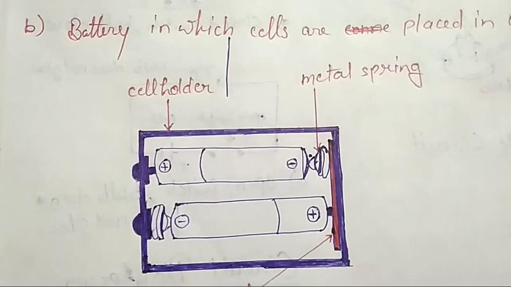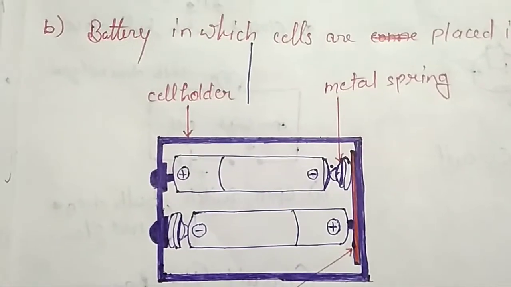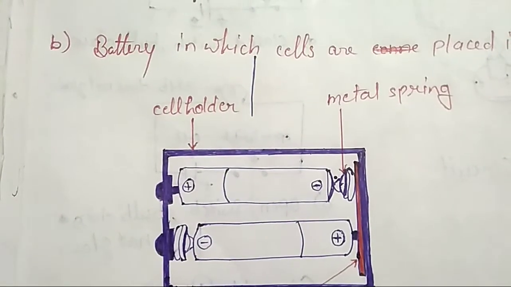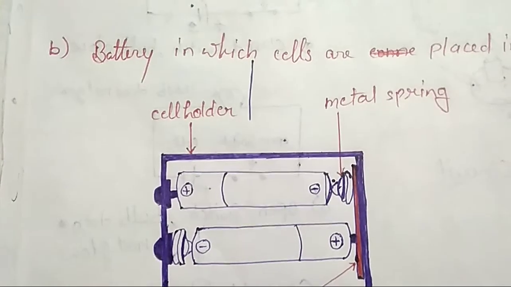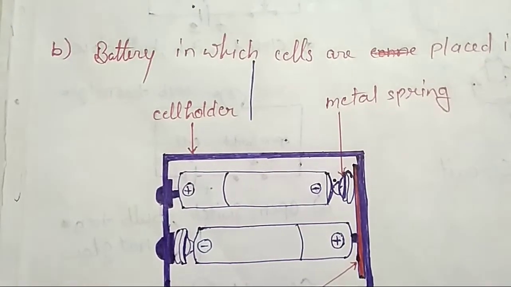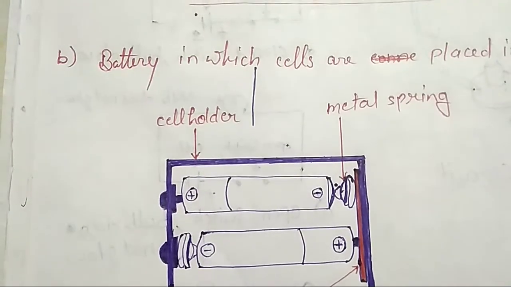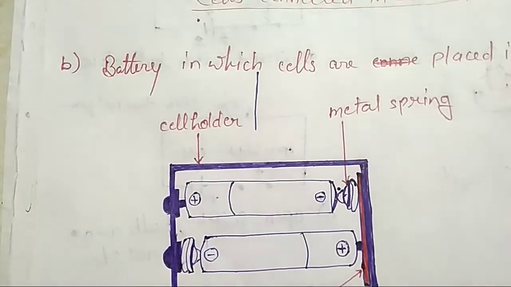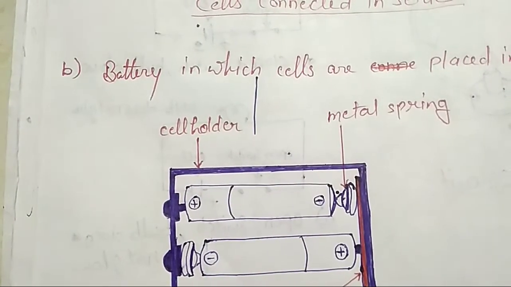The second type of connection is parallel connection. In many devices, cells are not placed one after the other. Take the TV remote control you have seen. In this, two cells are placed side by side in a cell holder to make a battery.